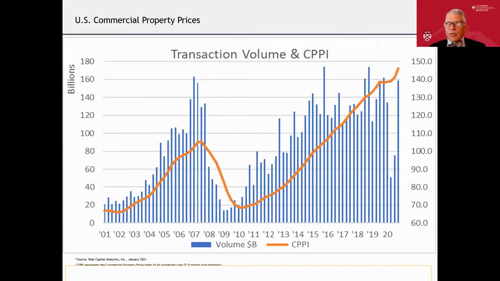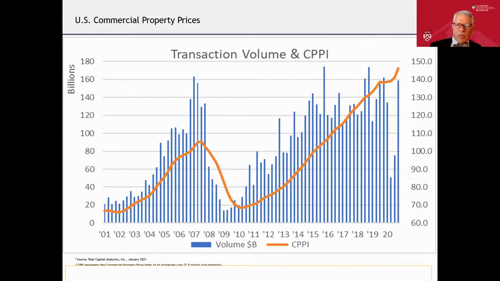And so it is truly capital flow, the number of people buying properties, that really makes the difference. And a company called Real Capital Analytics that started in 2000, a friend of mine, Bob White, started collecting data on every commercial real estate transaction over $2.5 million. 20 trillion in the first quarter of 01, peaking at 162 trillion in 07, bottoming at 15 trillion in 09, and peaking over 160 starting in 2015 and continuing even in the third quarter here of 2020.